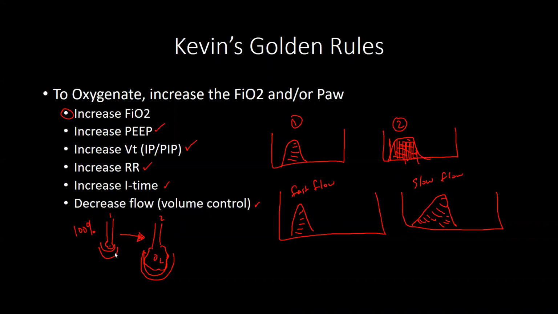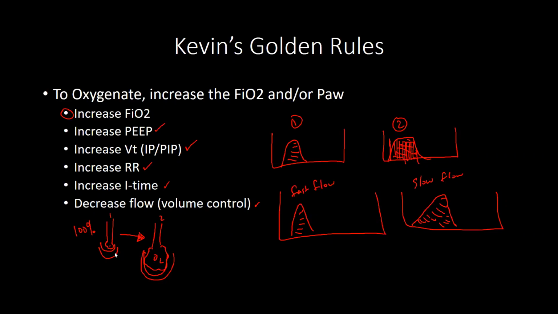And you can just go into a volume control if you want. It doesn't matter, whichever one you're going to do. But I'd probably do some of both, some with volume, some with pressure, so you can see the differences with how they do it.